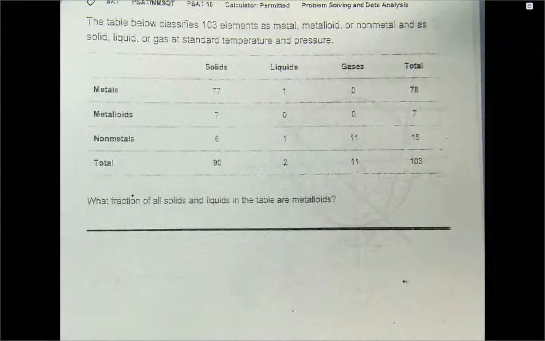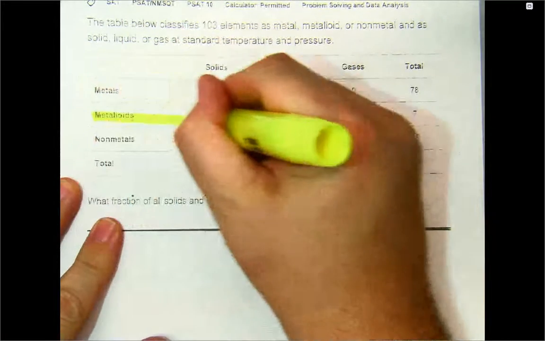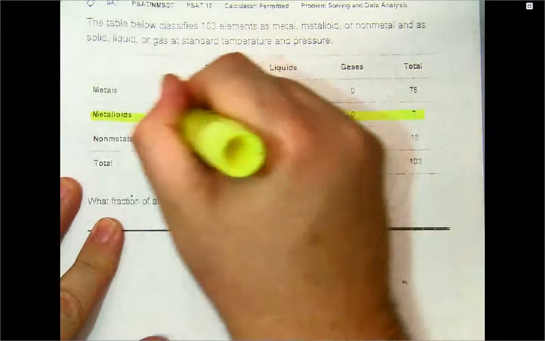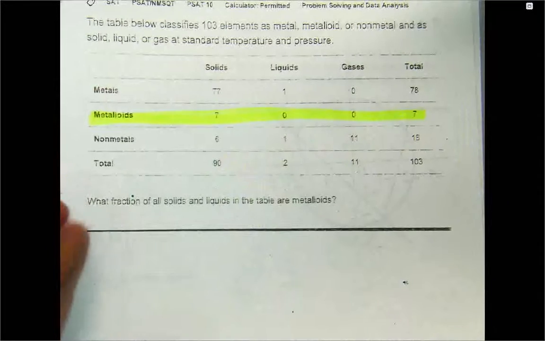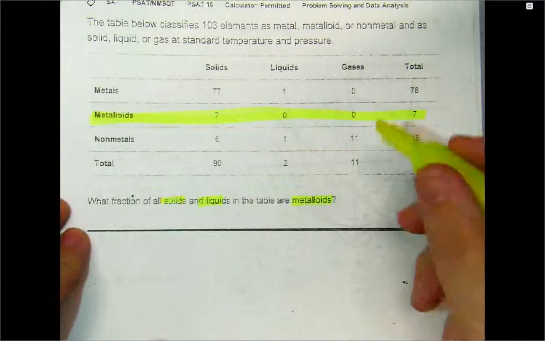All right. This one's not bad once you see how it's done. It says, what fraction of all solids and liquids are metalloids? Now, where are the metalloids here? I want solids and liquids that are metalloids. So I need solids, and I need liquids.